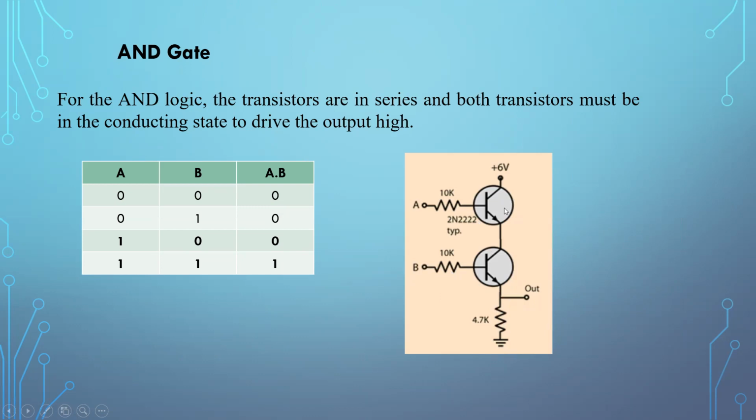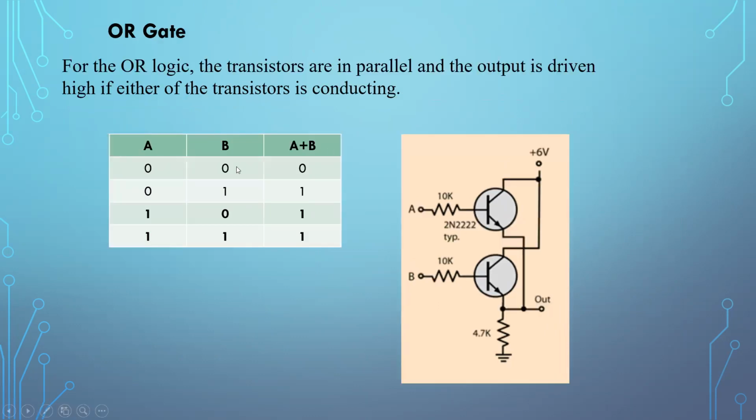Let us now understand how we can create an OR gate. To create an OR gate, we have to connect the transistors in parallel. If both are 0, current cannot flow in this resistor, so you get a 0 output.